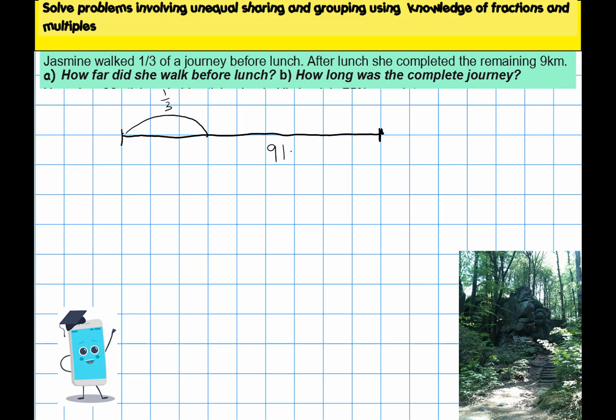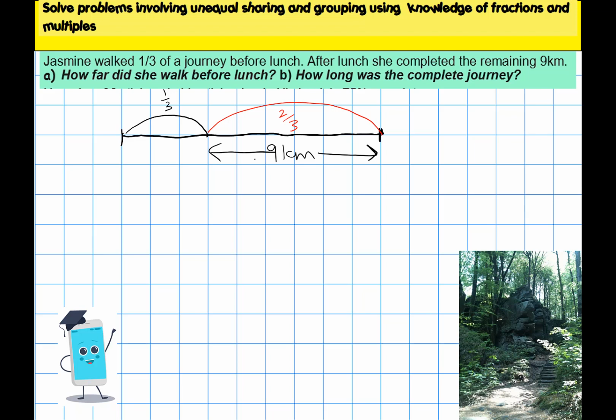The remaining 9 kilometres. So from here to here was 9 kilometres. What fraction was it from here to here? If she'd walked 1/3 and she completed the remaining, that would mean that this was 2/3.